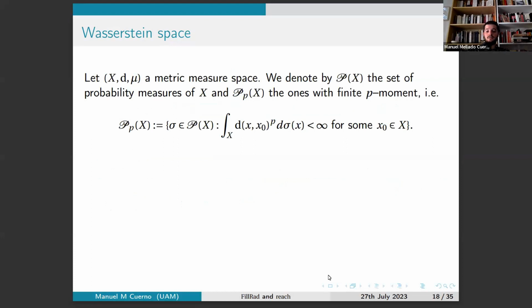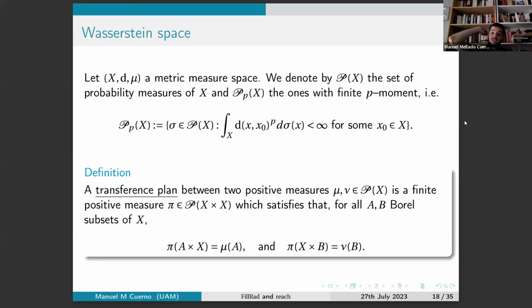First of all, I will give the definition of the Wasserstein space. If X is a measured metric space, we can denote by calligraphic P of X the set of probability measures on X, and calligraphic P_p the ones with finite p-th moment, I mean, the ones with this integral bounded.